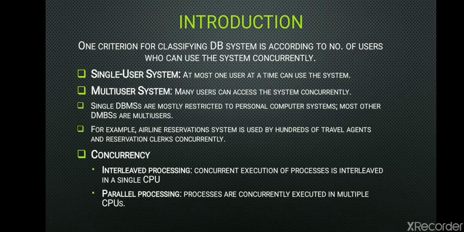In supermarkets there is only one environment on which all of the persons are relying to do their tasks. So these are all examples of multi-user systems: banks, insurance agencies, stock exchanges, supermarkets.